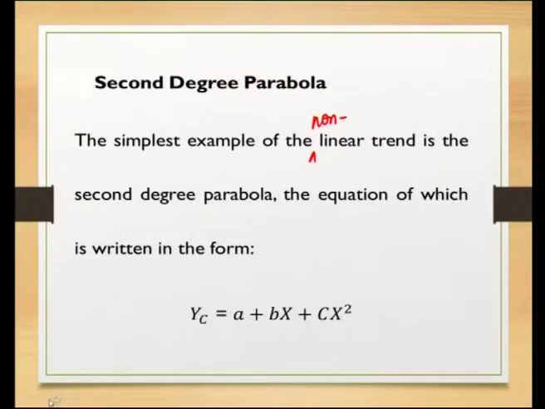The simplest example of non-linear trend is the second degree parabola, the equation of which is written in the form yc, that is computed value, is a plus bx plus cx square. As we were discussing in the linear trend, when we have to compute two constants a and b, we have to take the summation of the trend equation as it is, then summation has to be taken after multiplying the equation by x.